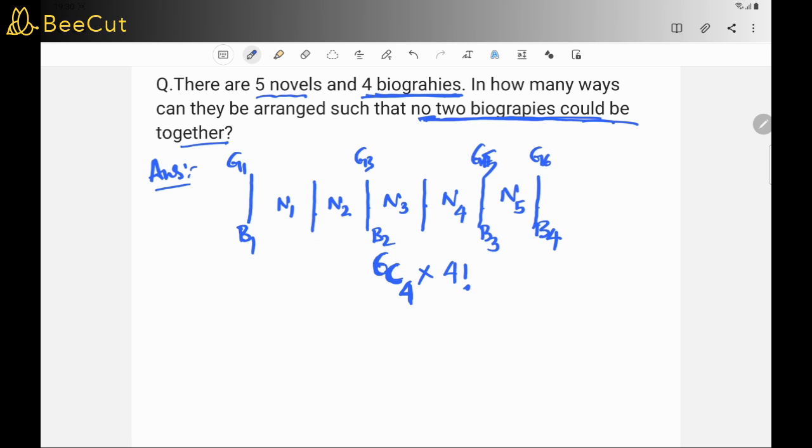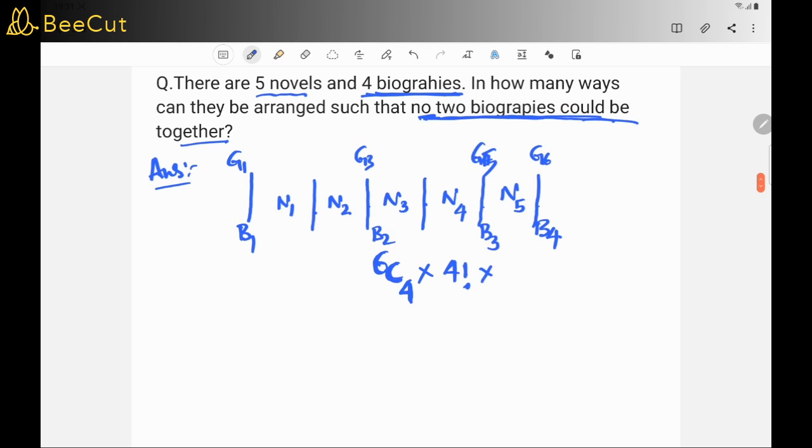So I can arrange these biographies in these gaps in 4 factorial ways. Now the question does not end here. After arranging these biographies, we can also arrange the novels among themselves that are in these places.